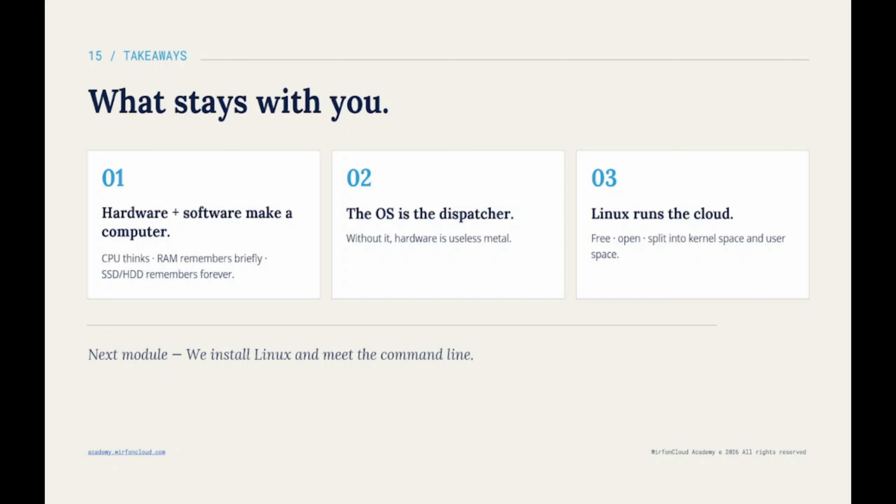Let's recap. Remember the hands you raised at the start. Every one of those MoMo transactions touched a Linux server. Now you know what was inside that server, what an OS is, and why it had to be Linux. You have moved from a user to an insider in less than 90 minutes. That's real progress. A computer is hardware plus software.